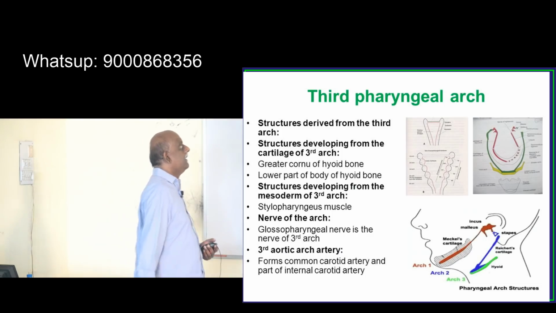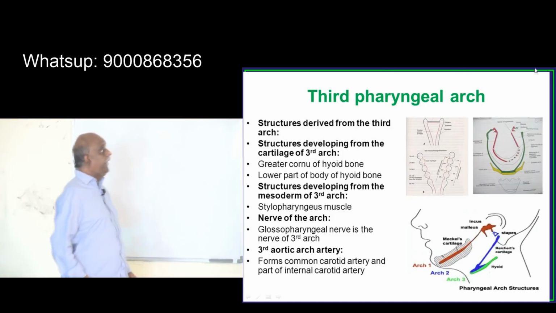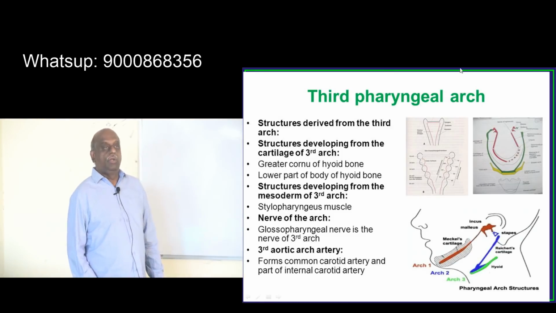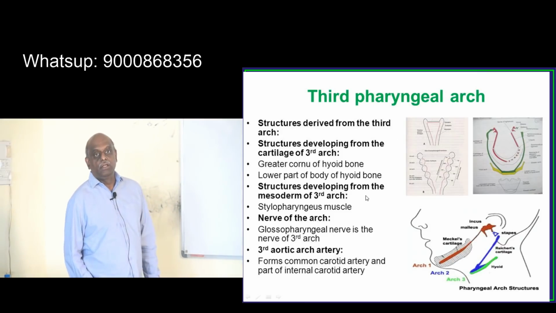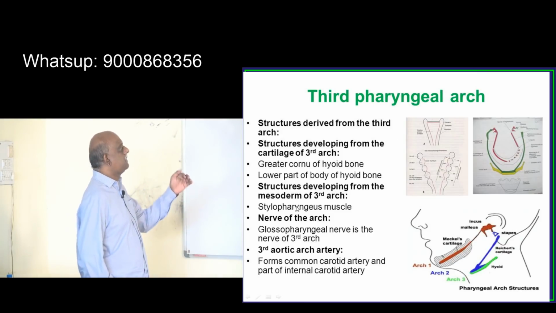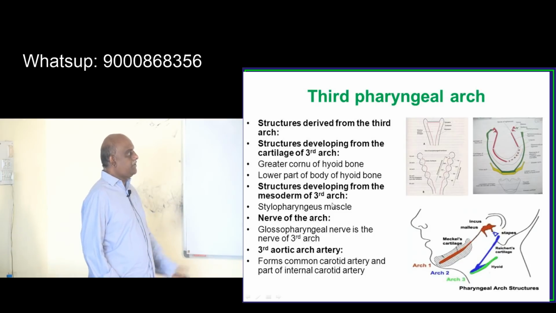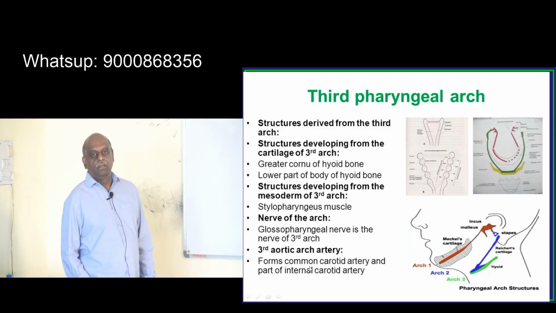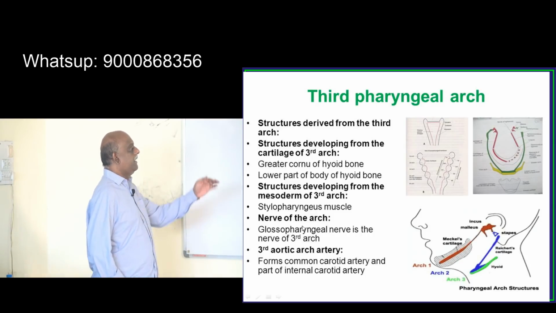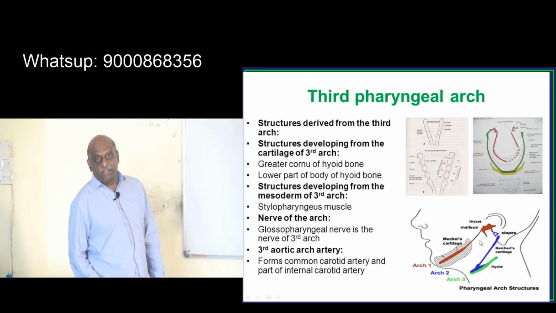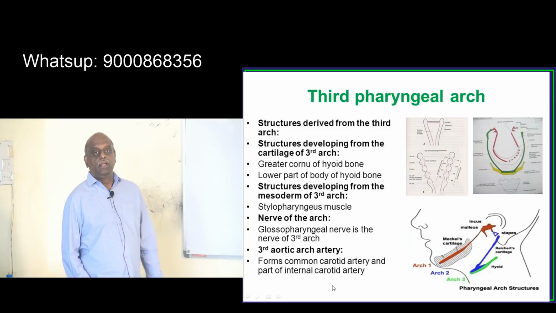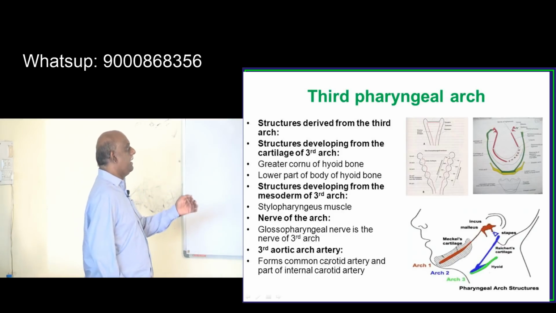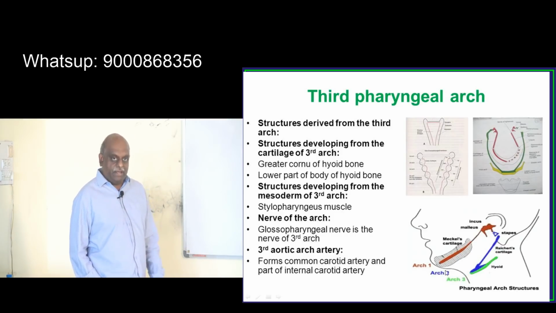The greater cornu of the hyoid, lower part of the hyoid, they develop from the third arch. Stylopharyngeus develops from the mesoderm of the third arch. And the nerve of the third arch is the glossopharyngeal nerve. And the third aortic arch forms the common carotid, and part of the internal carotid.